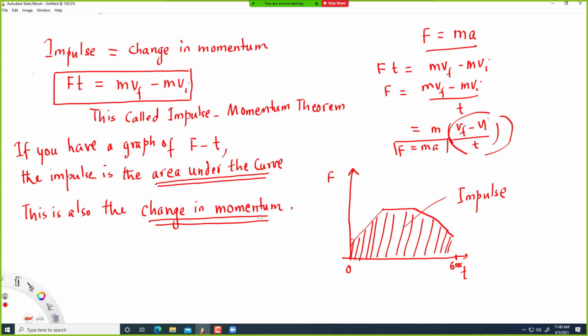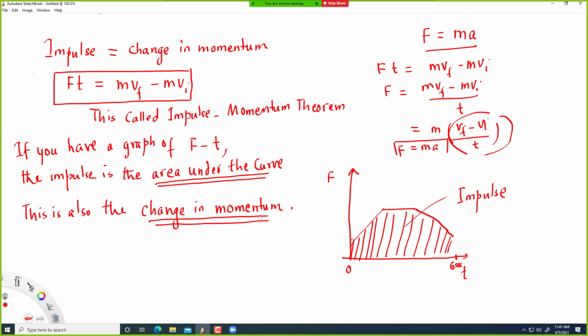From that graph, we want to find the impulse imparted to the ball. The bat exerts impulse on the ball, and from Newton's third law, the ball also imparts impulse on the bat. So they have the same, action and reaction, impulse exerted on each other.